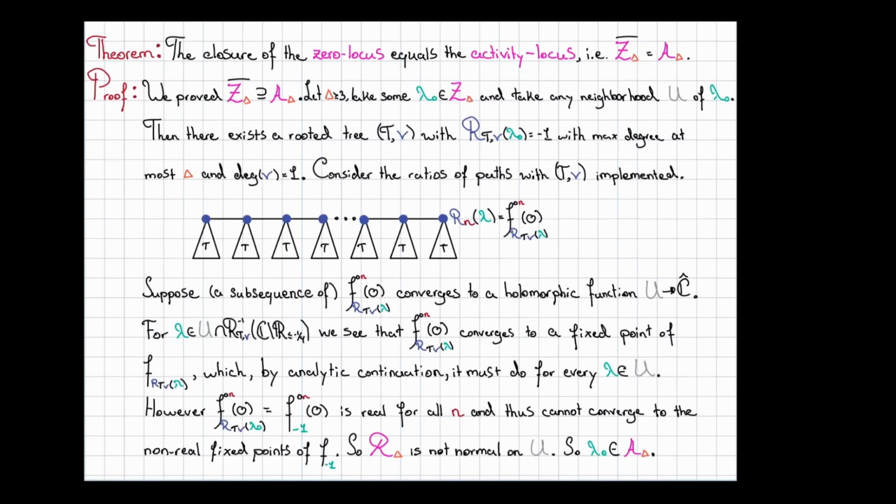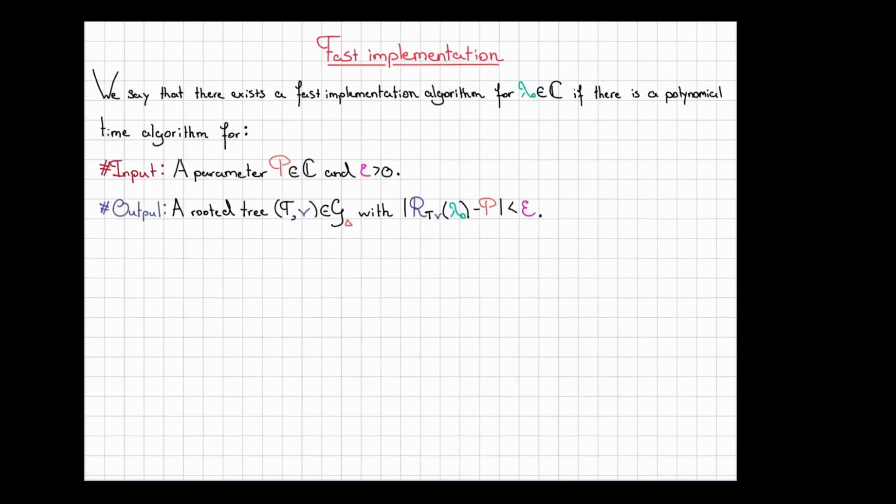And this is what we use. Now I'll just sketch what the rest of our argument is, to show that approximating the independence polynomial is sharply hard for those parameters. One element of that is what's called a fast implementation algorithm.